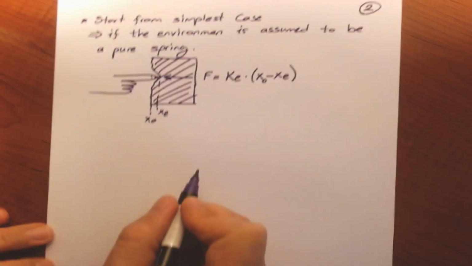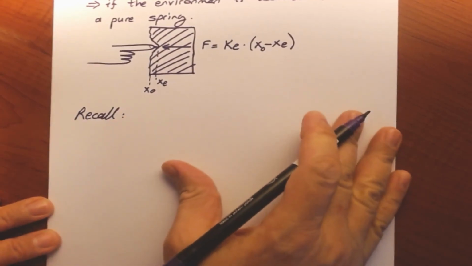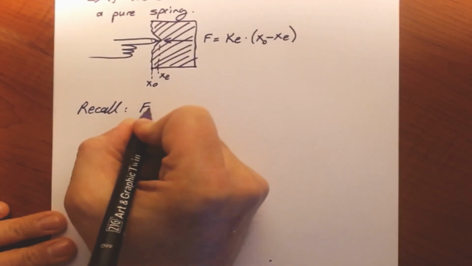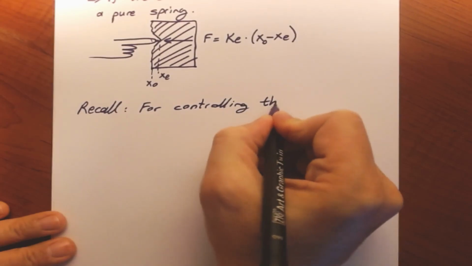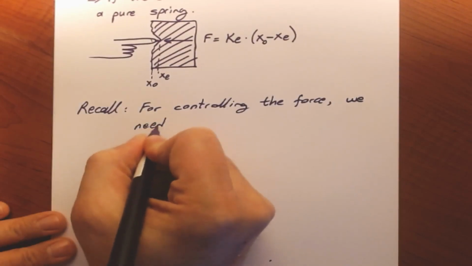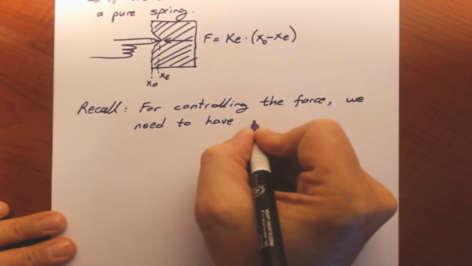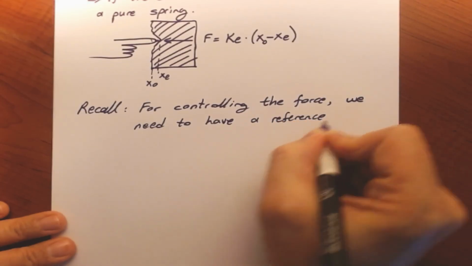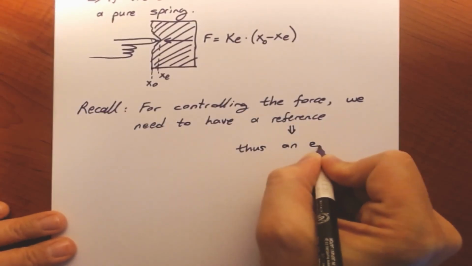If your force is given this way, how can you carry out the control? So recall, in order to control the force here, we need to have a reference, and from which we can generate an error.